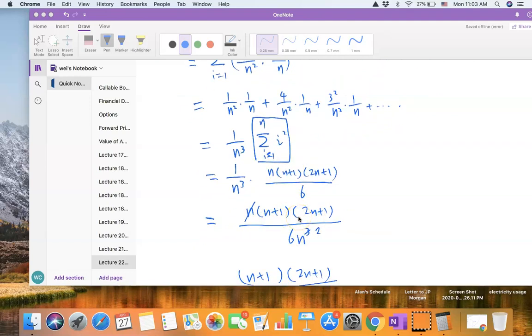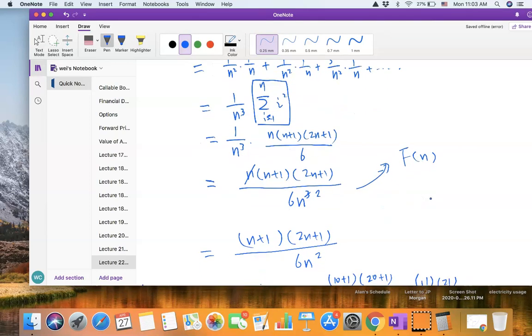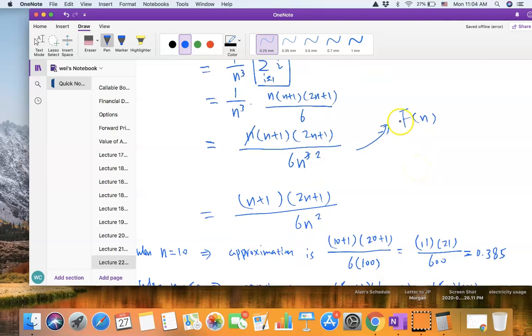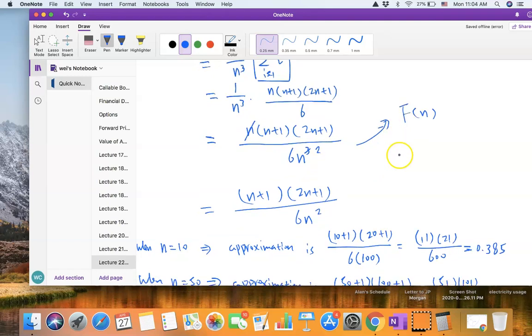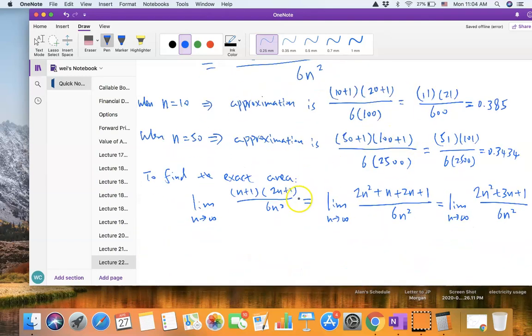So we get a function of n, and this function represents the area when we use n rectangles to approximate. And to find the exact area, we evaluate the limit. We let n approach infinity, and that will give us the exact area of the bounded region.